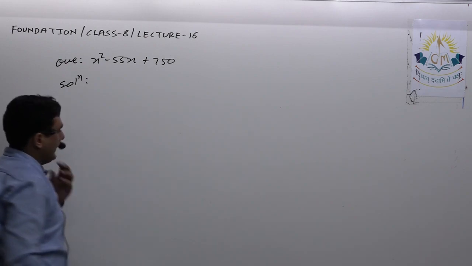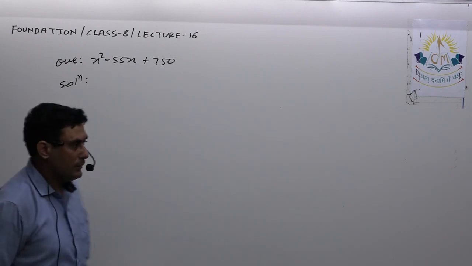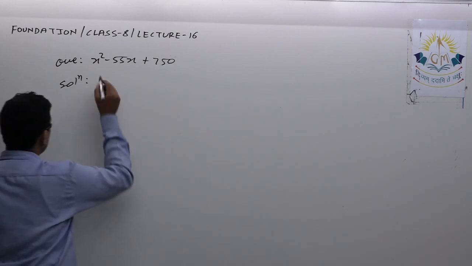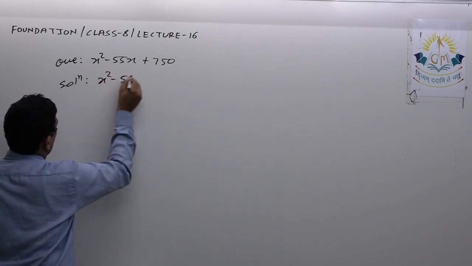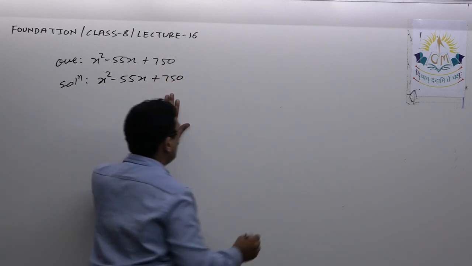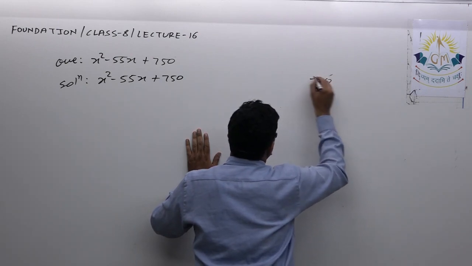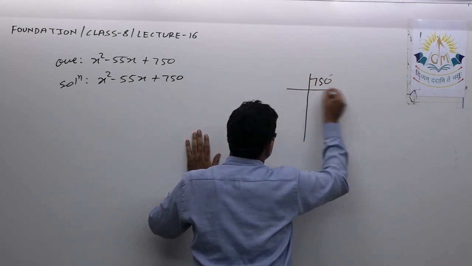Okay, so definitely it is in the standard form as well as the coefficient of the first term is positive. So now next we have to find the factors of the constant term, that is 750. So let us see how to solve this.